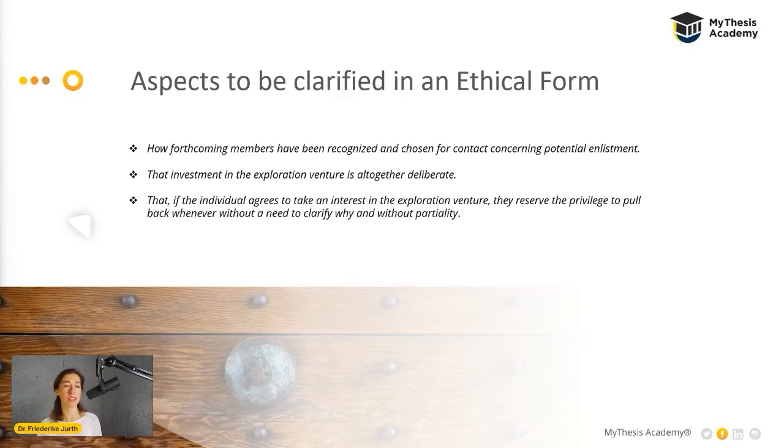If you are searching for the aspects to be clarified in such a form, then you will find as an important aspect that it should be clarified how forthcoming members have been recognized and chosen for contact concerning potential enlistment. So this is an aspect that you need to keep clear.